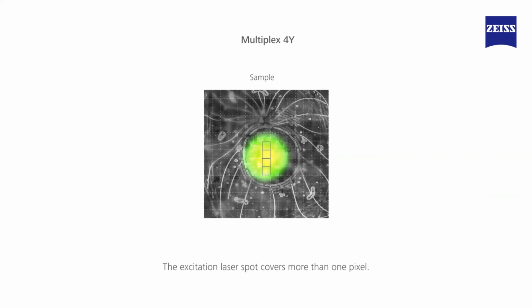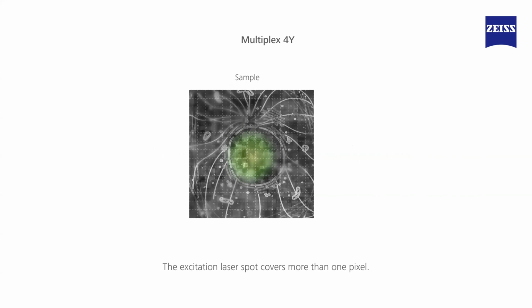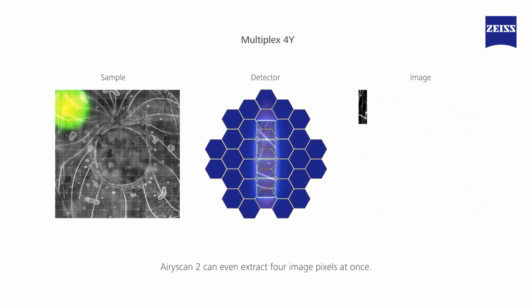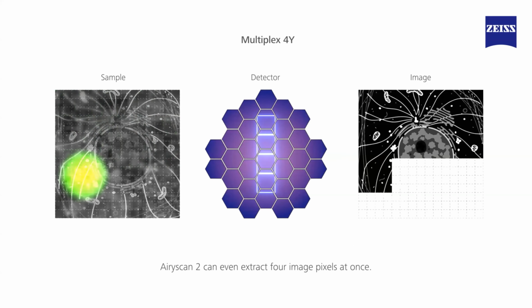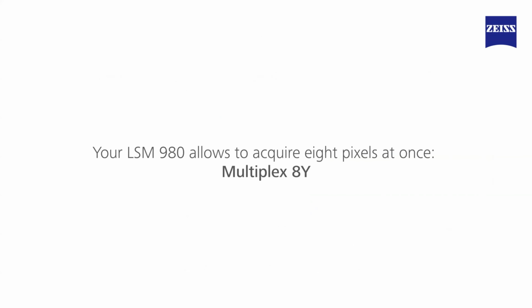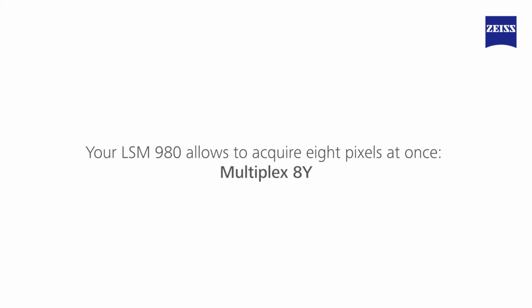So again, we do nothing to change the excitation in this case. What we're doing is using the fact that we have the spatial detector to be able to resolve and calculate more than 1 pixel at once. By doing this, we speed up about 4 times, and you can see that it takes fewer scans to collect all of that data.